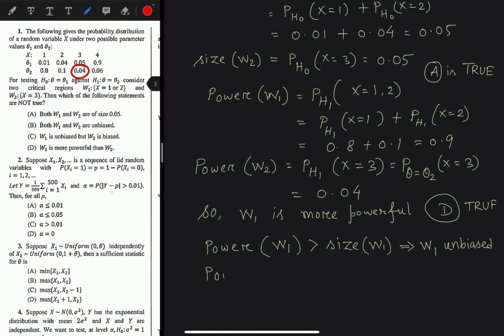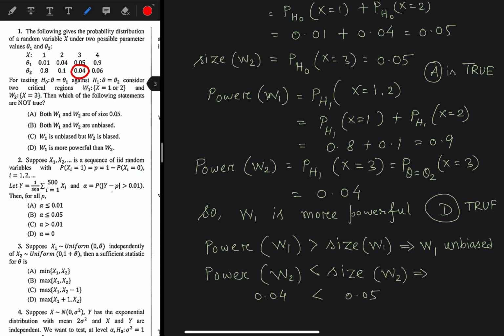And the power of W2 is less than the size of W2: the power of W2 is 0.04 and the size of W2 is 0.05.